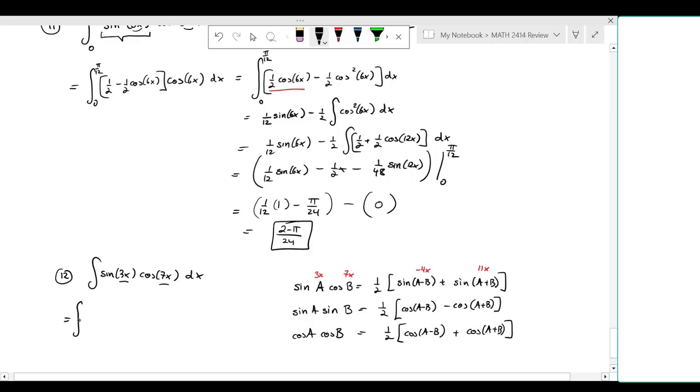Okay, so now we can write this as half sine of minus 4x plus sine of 10x. Why did I keep writing 11? Now we can integrate each term separately. And by the way, sine of minus 4x, how do you simplify?